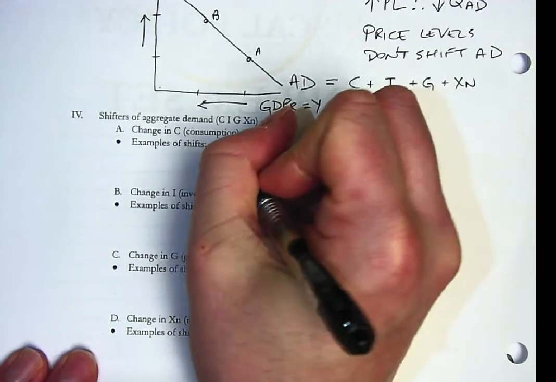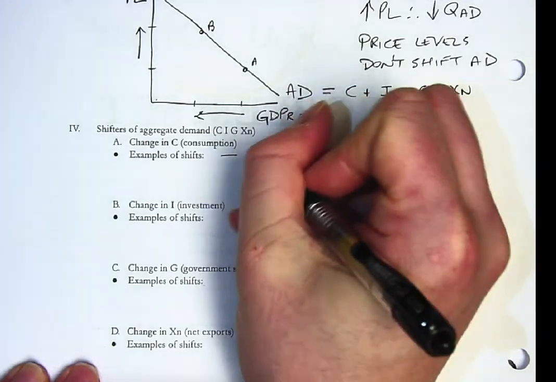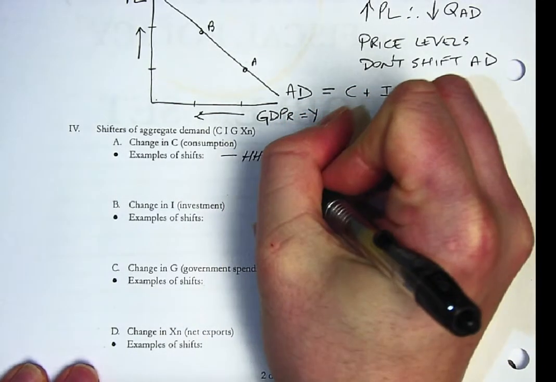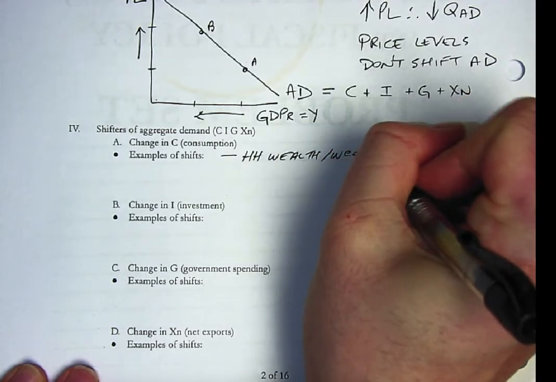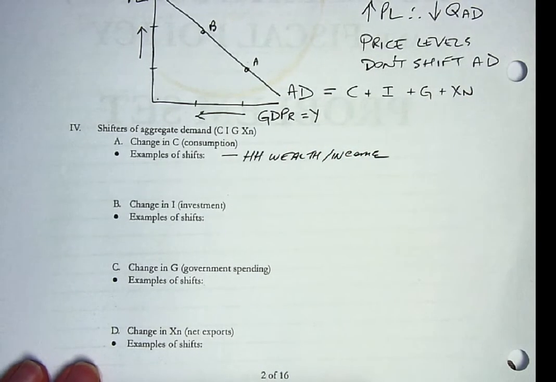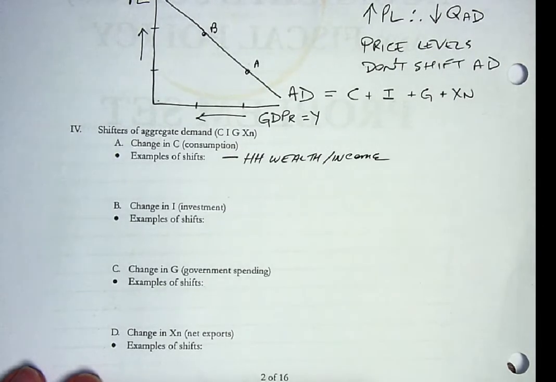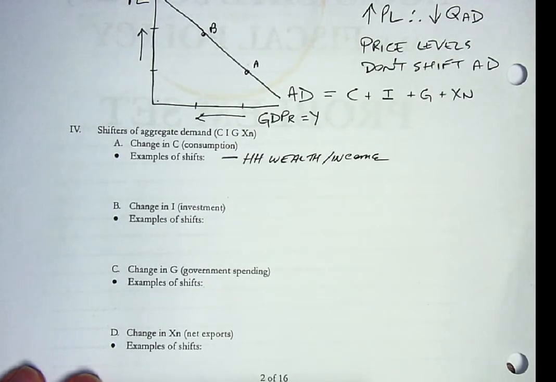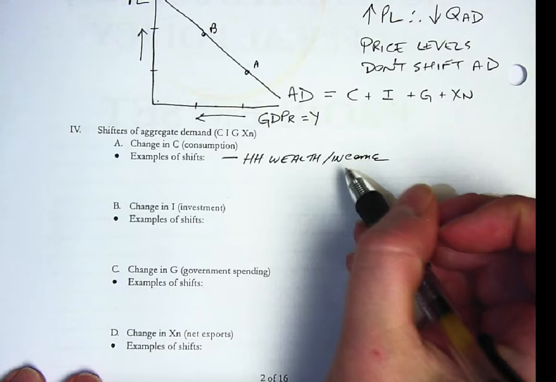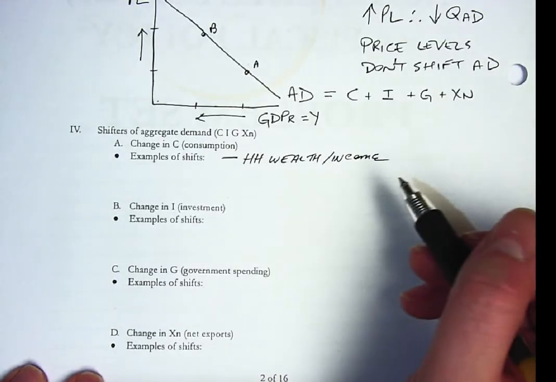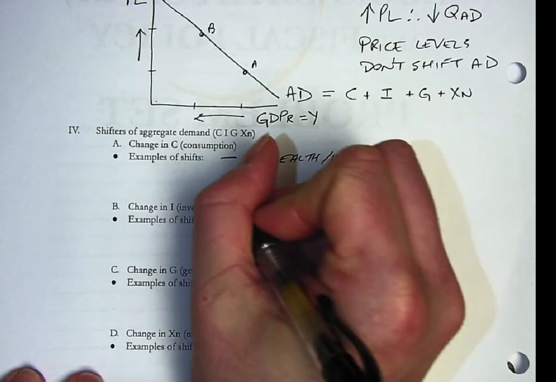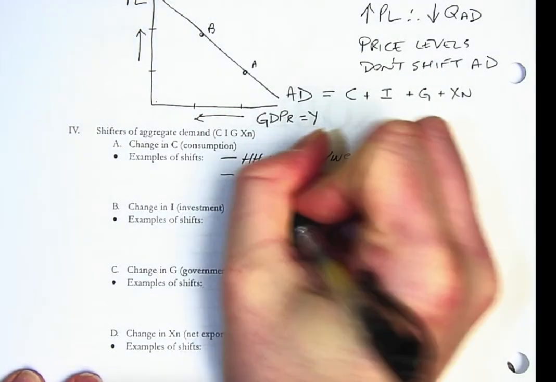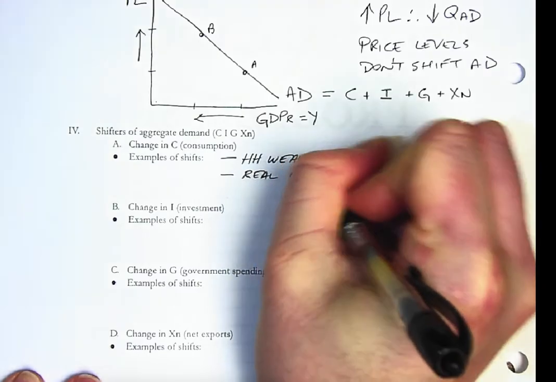So for example, the first one for consumption, we can say is households' wealth or their income. And so we'd say that if households feel more wealthy or are more wealthy, that would increase their consumption spending. So that can be like if the stock market is doing really well, then people are wealthier, and so they would go out and increase their consumption spending. Another would be real interest rates.